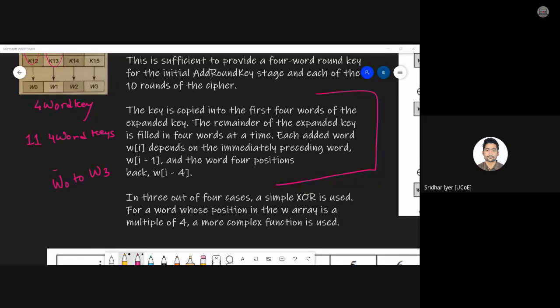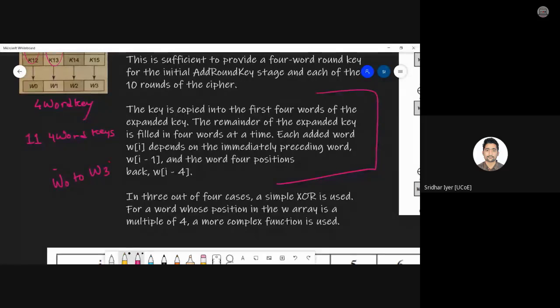So what will W4 be, what will W5 be? For example, what will be W5? W5 will depend on the values W5 minus 1, that is W4, and W5 minus 4, that is W1. Yes or no? If I put 5 in place of i, it will depend on W4 and W1.